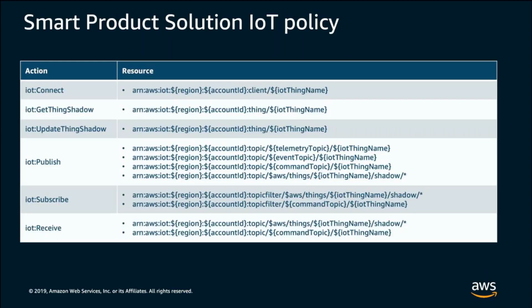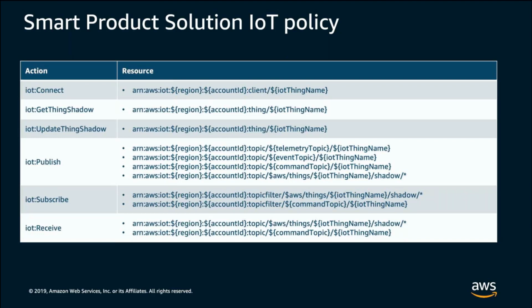After the registration, the device, which is a thing in AWS IoT Core, will have these IoT policies. These are for demo purposes, but we try to minimize the IoT policy as much as possible. If customers want to change the policy, they can change the policies to what they wish to have.